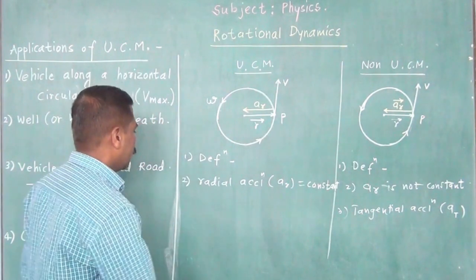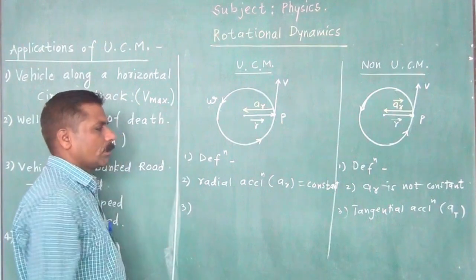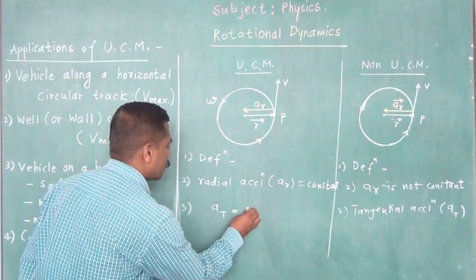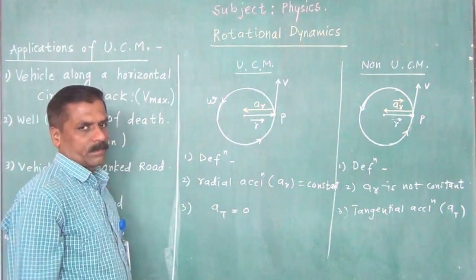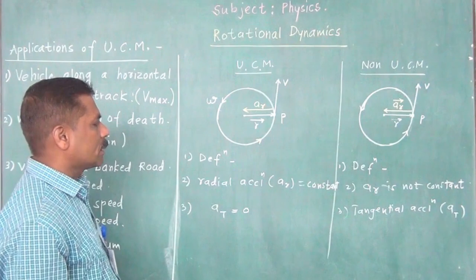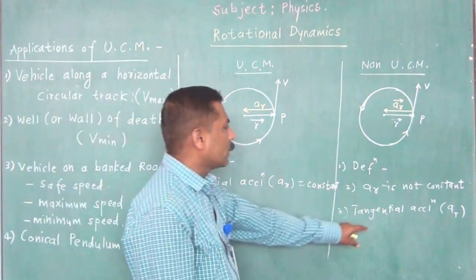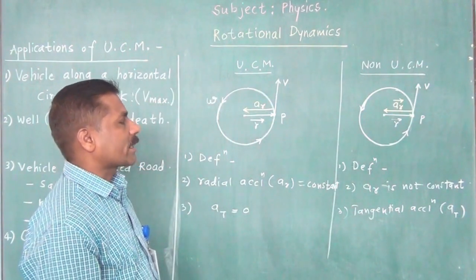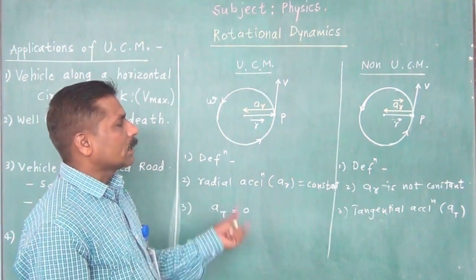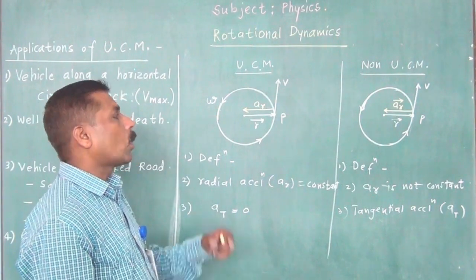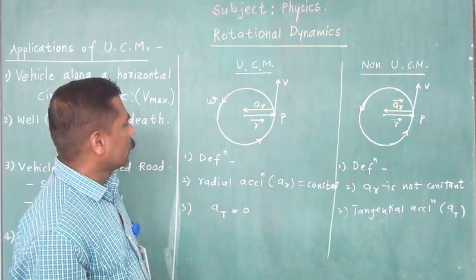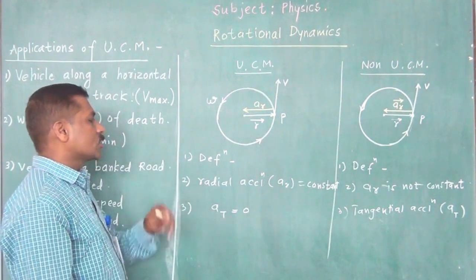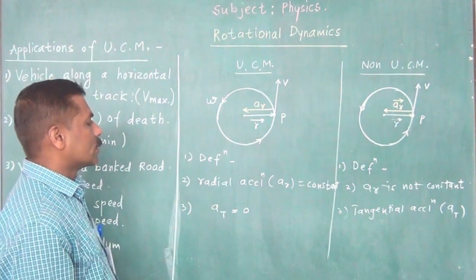In uniform circular motion, this tangential acceleration is 0.